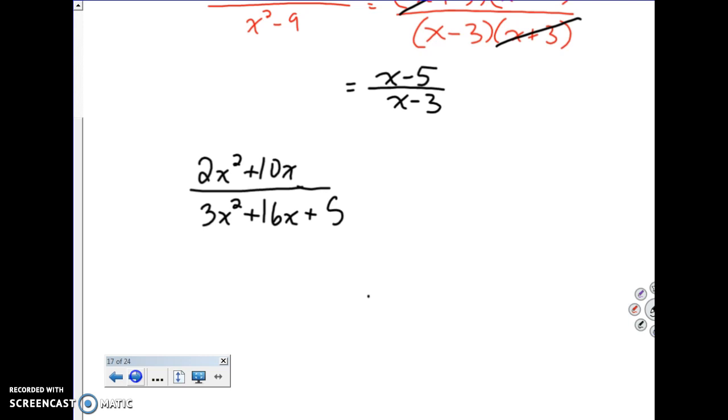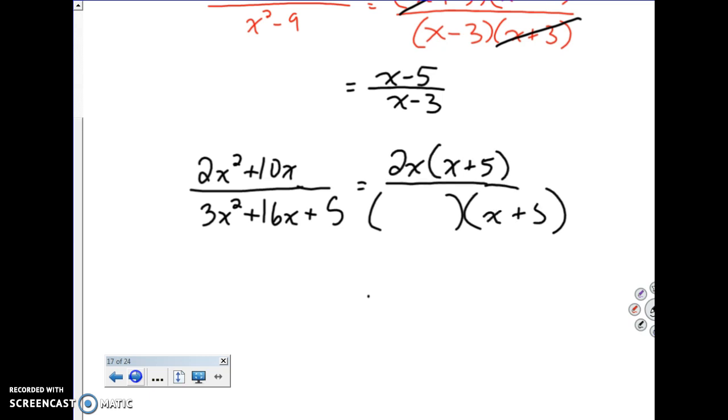Probably what you want to do is try to factor. So on the top I can factor out a 2x, and I'm left with x plus 5. On the bottom, that's a quadratic that hopefully can be factored. One of the factors is x plus 5, and then my other factor is 3x plus 1.